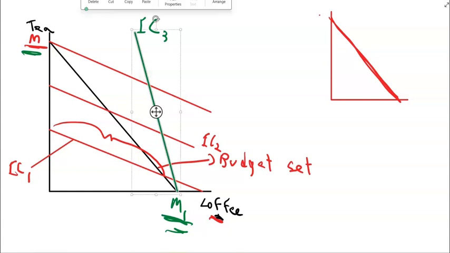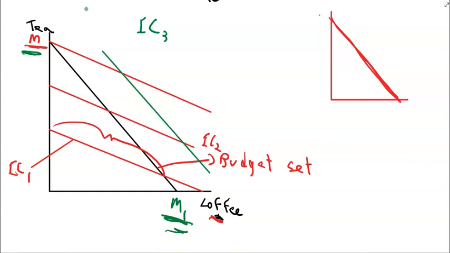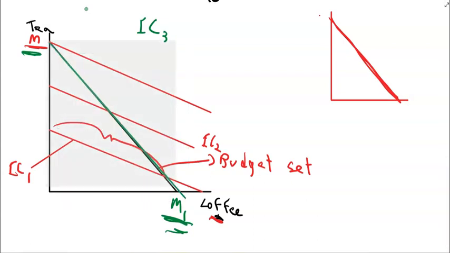Now, what if our indifference curve is actually shaped like this? It's parallel to the budget set. Then we are exactly on the line, because if we go outwards, we cannot consume more, it's unaffordable. If we are inwards, then we are consuming less, and so we are not getting the highest utility.